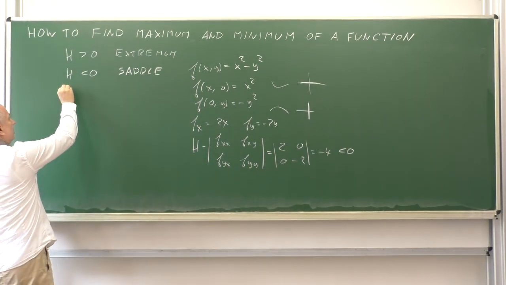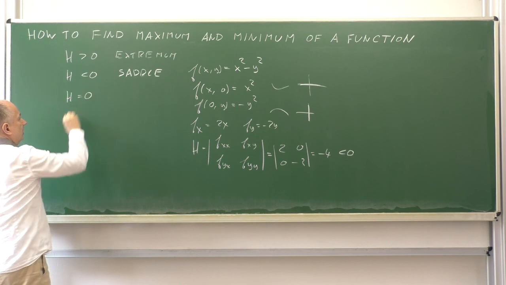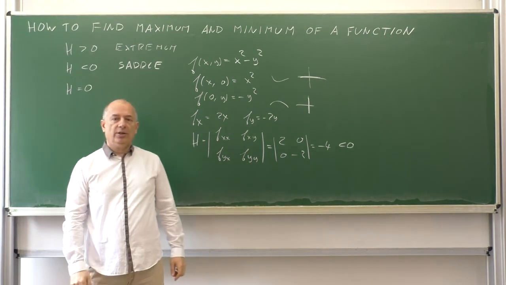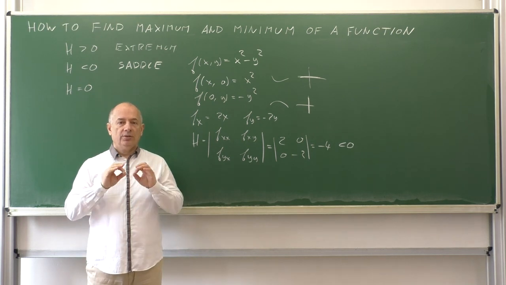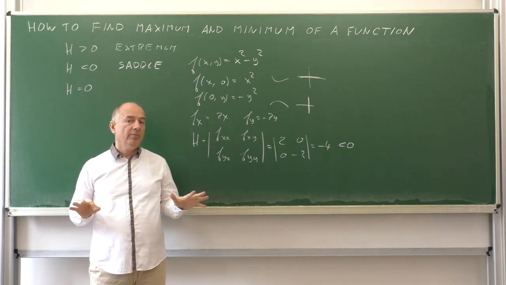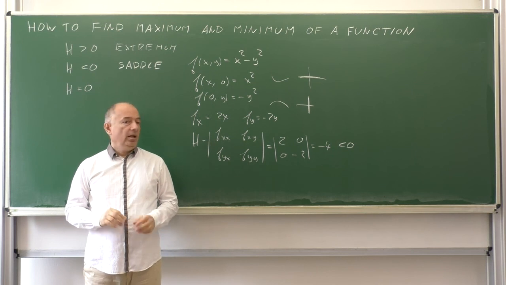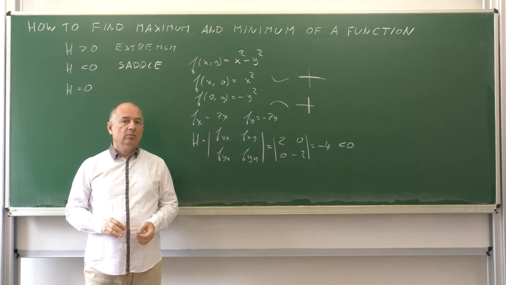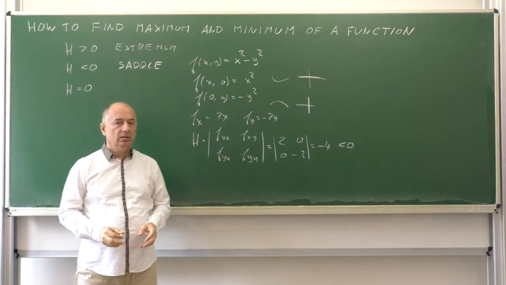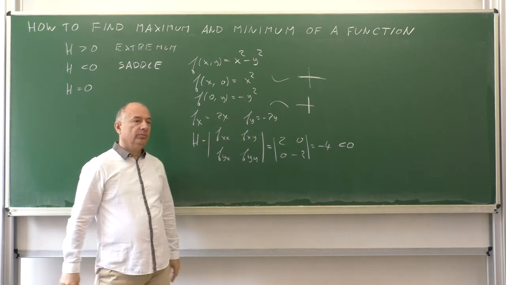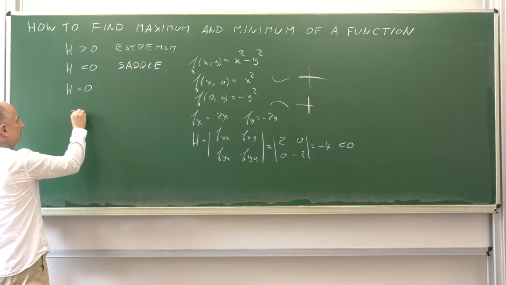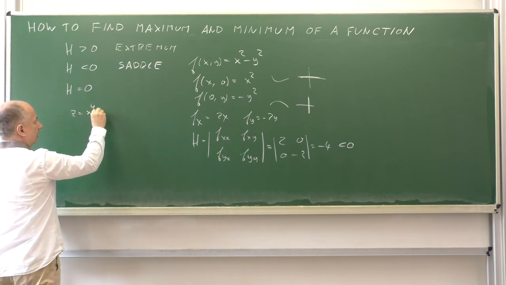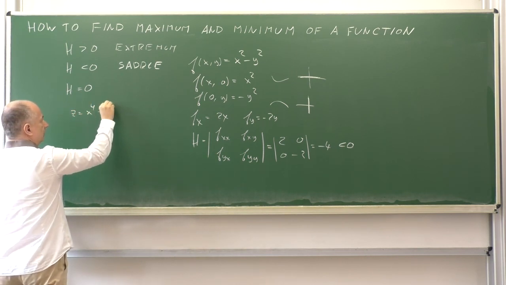Well, and what happens if we have 0 value for the Hessian at the stationary point? This tells nothing. It may well happen there is a minimum, it may well happen there is a maximum, it may well happen there is a saddle, but even other points. It may be a minimum for a function x to 4 plus y to 4.